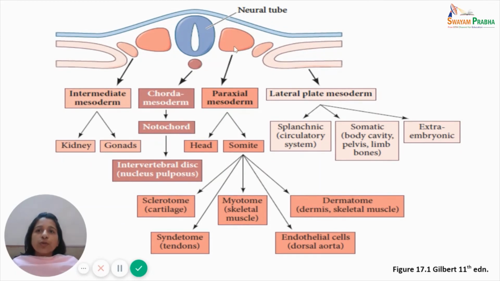Now, these tissues will form somites. What are somites? The transitory epithelial blocks of mesodermal cells which are found on either side of the neural tube. And these somites give rise to deeper parts of the skin, that is the cartilage, the tendons, the skeletal muscle, the dorsal aorta, which is formed of the endothelial cells, as well as the dermal and skeletal muscles of the body.